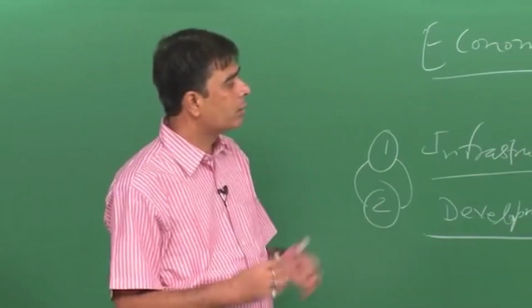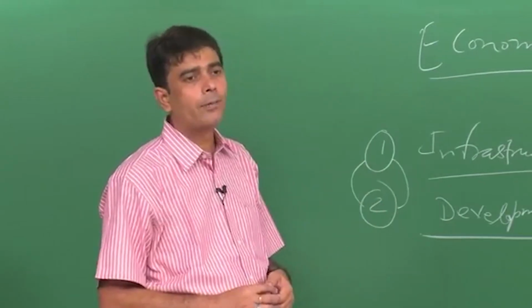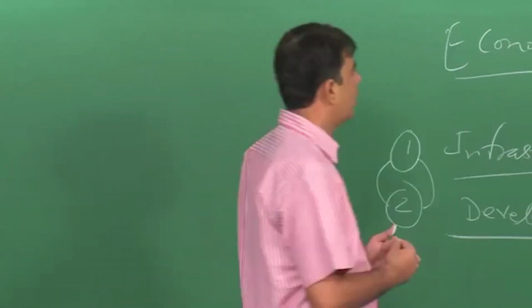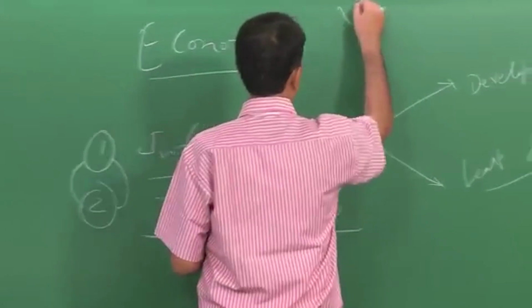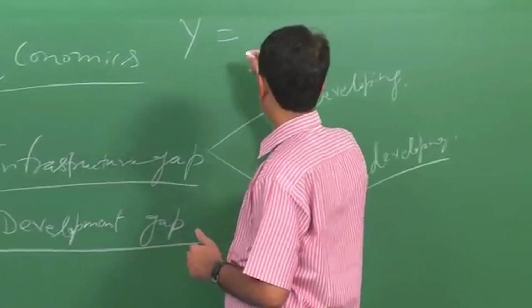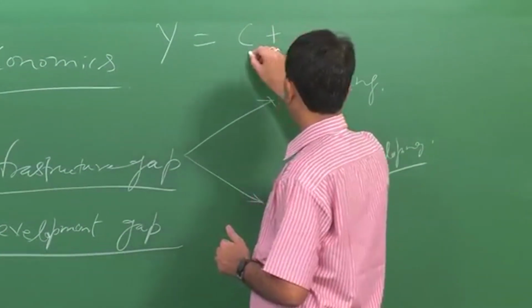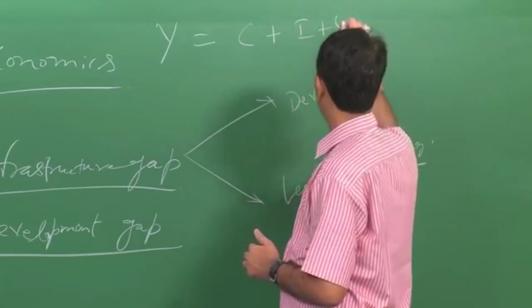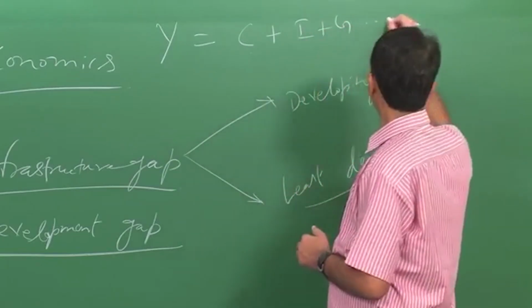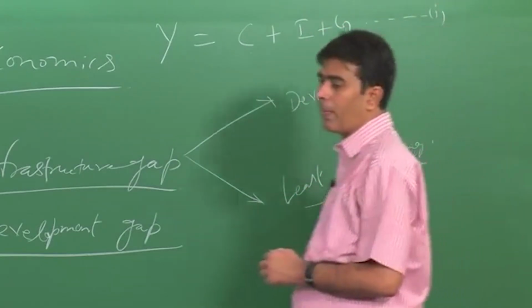So, for example, if we have to define a closed economic model, where Y is the total output of the economy, then Y will be equal to C, consumption, plus I, investment, plus G, government expenditure. This may be treated as equation 1.